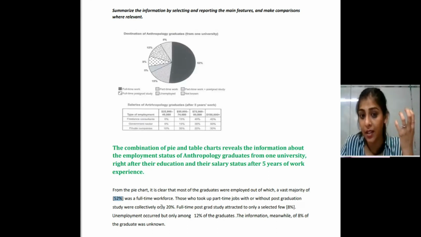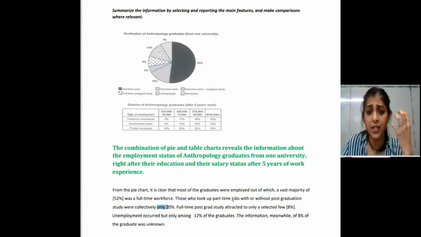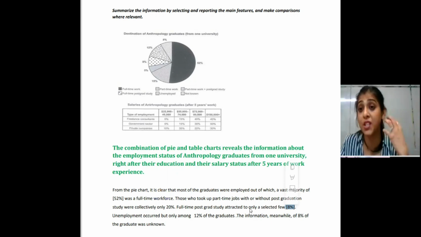Therefore, I'm adding the expression only 20%. Got it? Next is: full-time postgraduate study attracted only a selected few. Once again, only a selected few because they are 8% only, and I've written it clearly with the right choice of words. Fine.